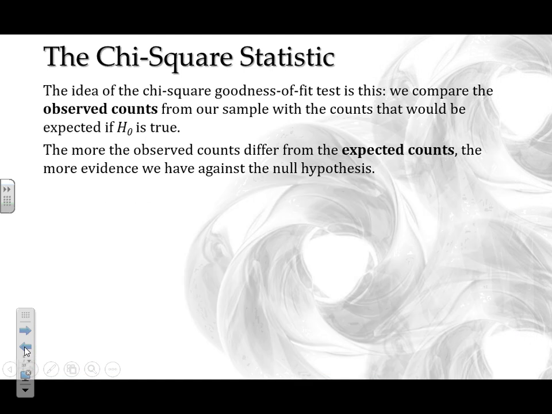Now, the idea of a chi-square goodness of fit test is to test whether the observed counts match what we should expect. When we actually take a sample, we're going to have a specific set of counts for our different categories. So do those observed counts match what we should expect to see within that sample?